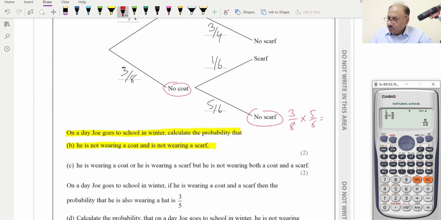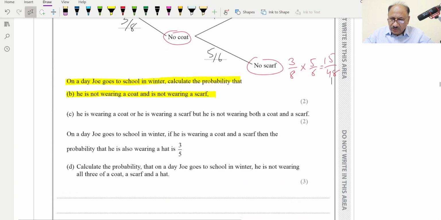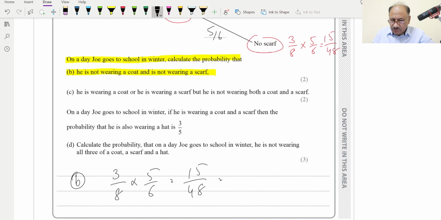We can multiply directly, which gives 15 over 48, which is equal to 5 over 16. So 5 over 16 will be our answer.